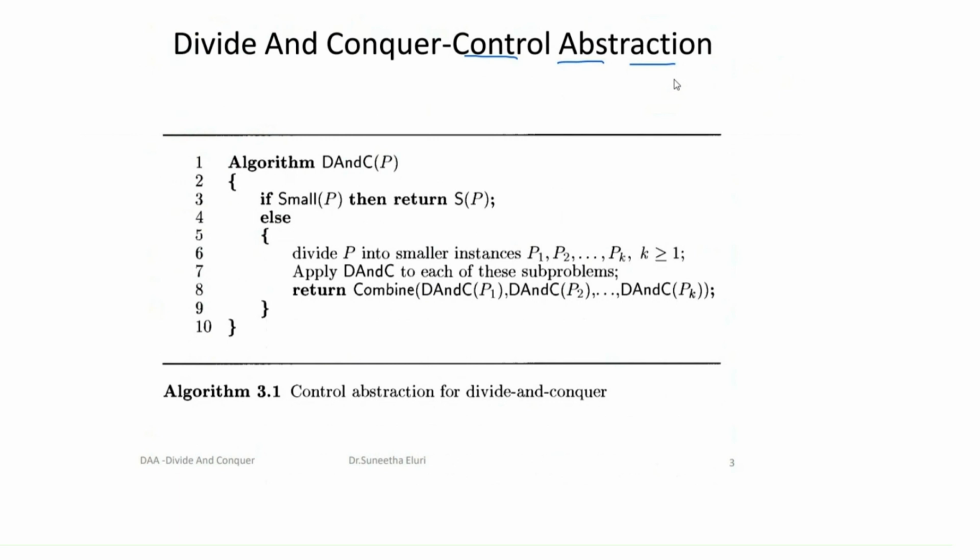That is why control abstraction is different from an algorithm. The algorithm specifies what to do as well as how to do it, whereas the control abstraction specifies only what to do. It gives only the high level description.